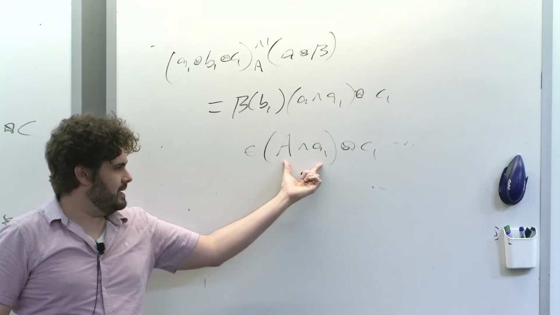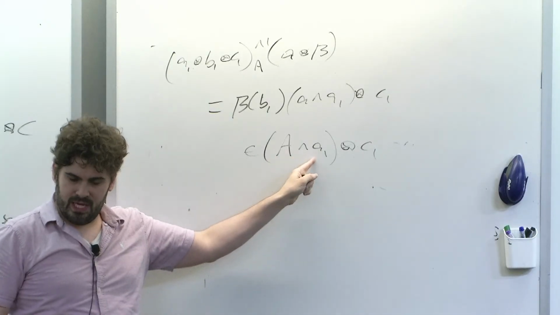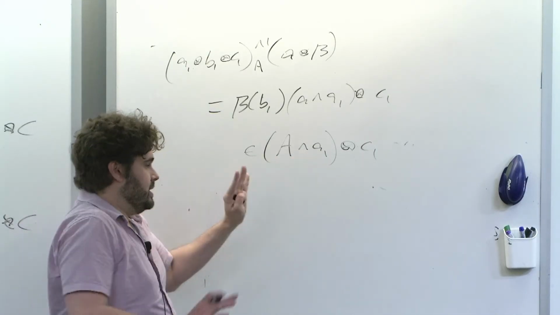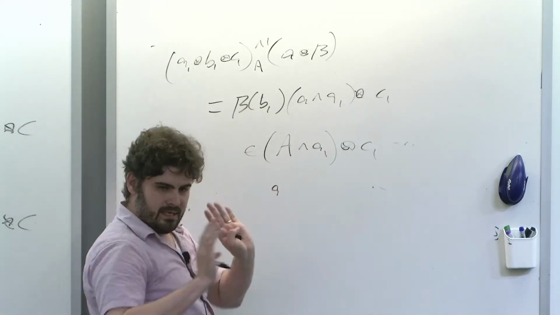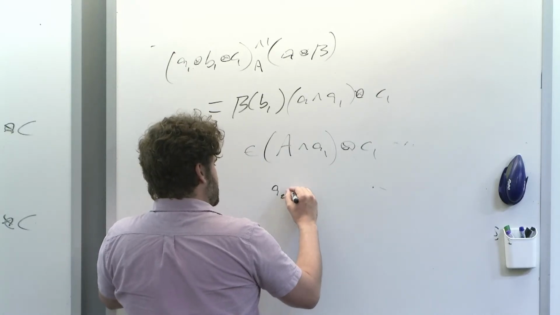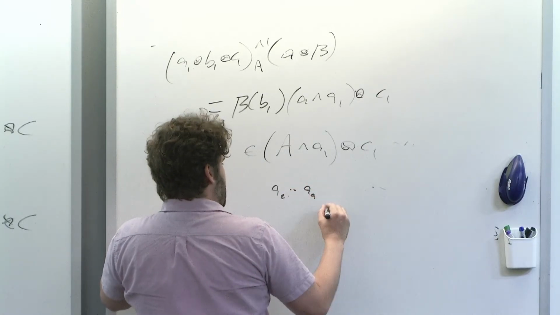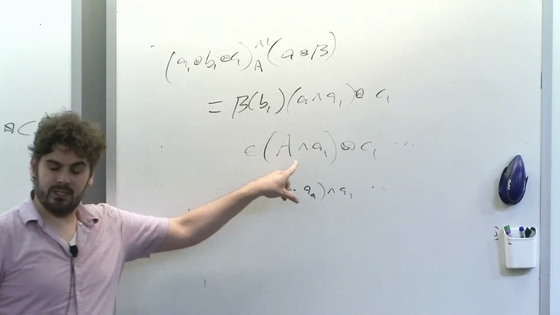Well, I get essentially all of A here, except I'm wedging with A1. So I can only get the stuff that's like, maybe if I extend A1 to a basis, I can only get the span of A2 up to A here, wedge A1. And basically this A1 kills any contribution of A here.